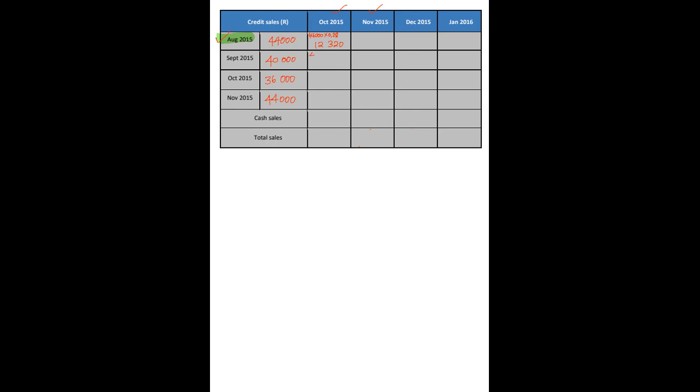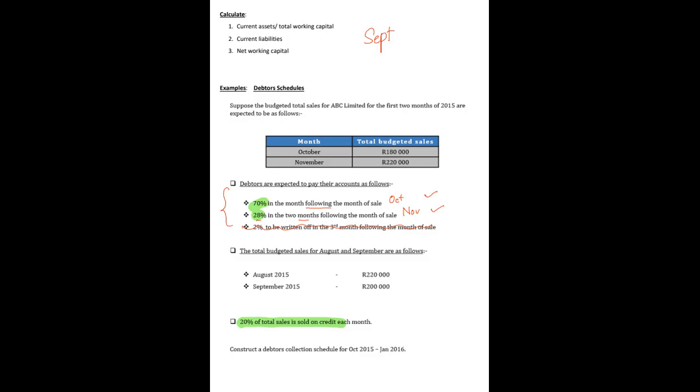So 40,000 times 0.7, that's 28,000 received in October. The remaining 28% is received in November, so that is times 28%, and that's 11,200. Okay, so now you're done with the month of September as well. So we have now accounted for the September sales. Now we need to look at the next month, which is October.